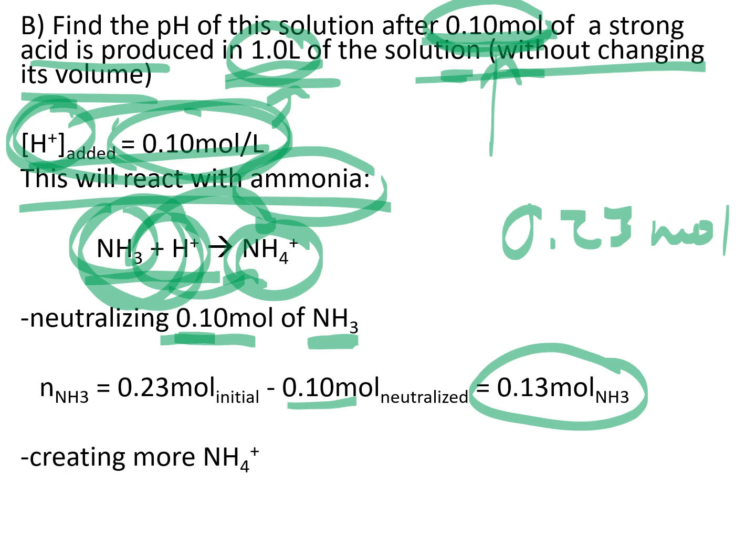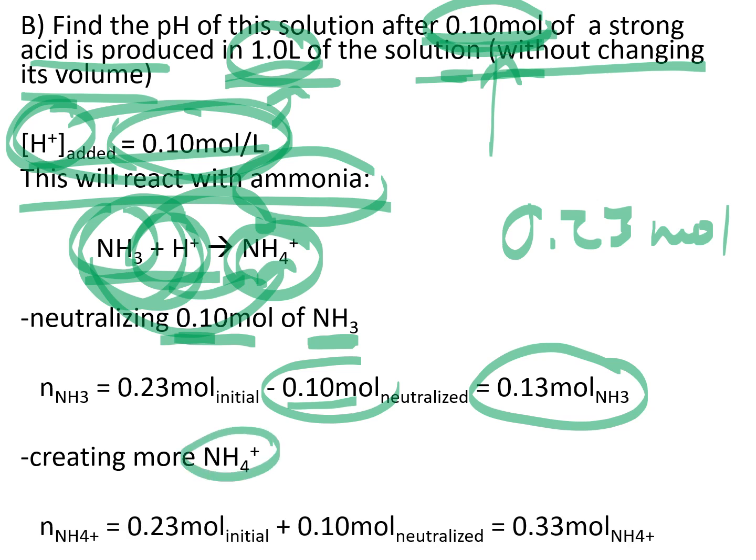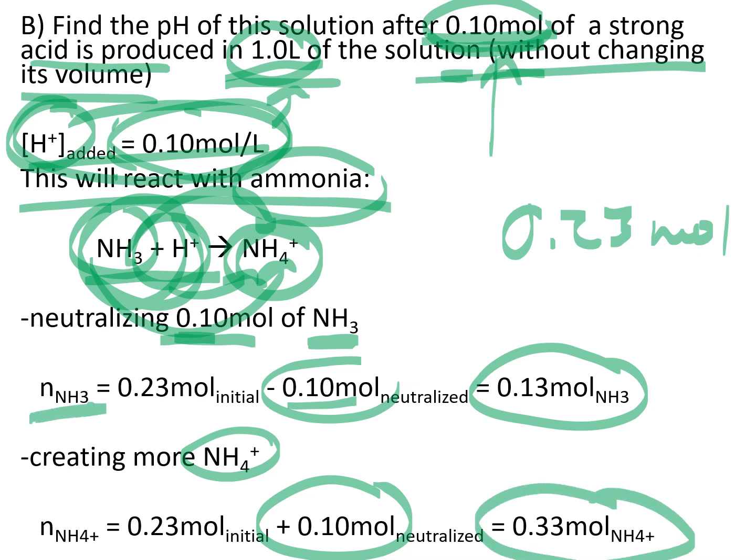This ammonium is the conjugate partner of the ammonia, so as the ammonia picks up these hydrogen ions, it becomes this ammonium. So now we have an equilibrium concentration of the ammonium at 0.33, the original 0.23 that were there, plus the 0.1 that was created in the neutralization of the hydrogen ions.